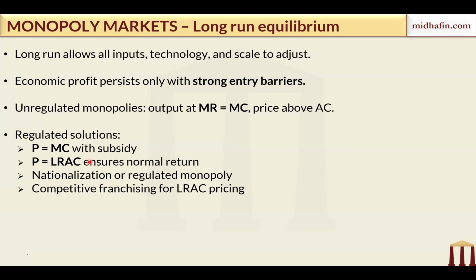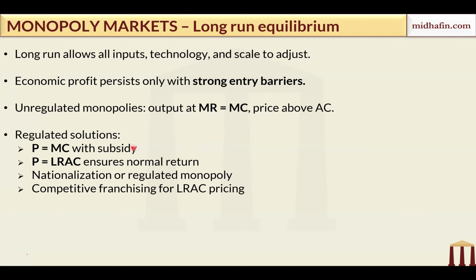So overall, the long run equilibrium outcome for any monopoly will depend heavily on these entry barriers as well as these regulatory choices. Unregulated monopolies will actually earn economic profit, because the price is above average cost.